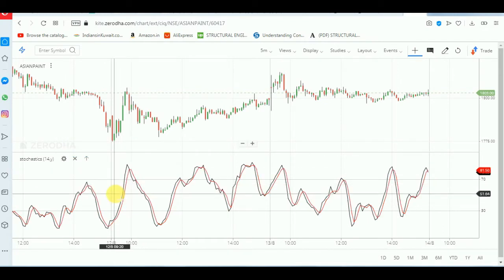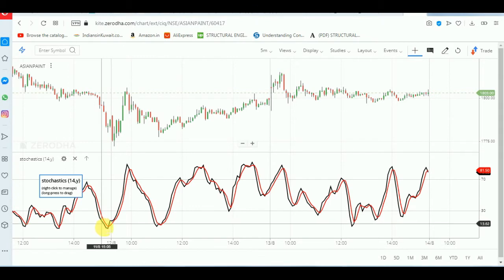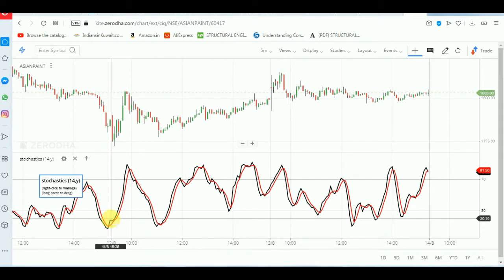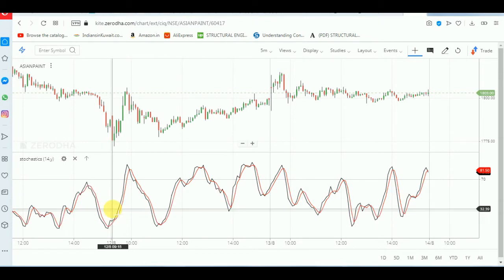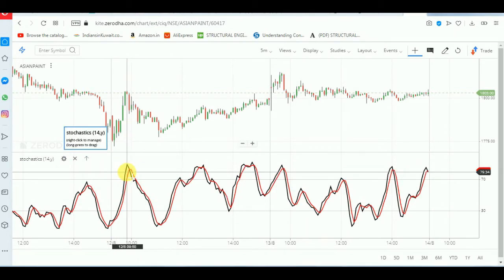So what traders usually do, once this black line crosses the red line in the upward direction, the trader buys or creates a position, and then once it reaches the top level in the overbought region, the trader comes out of that particular position. This is how traders use this particular technical indicator.